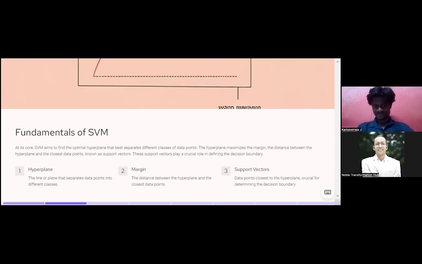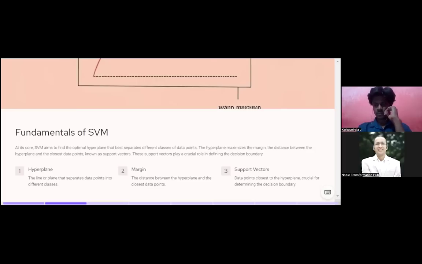So what is a hyperplane? A line or a plane that separates data points into different classes. That is what I said earlier. There are different classes. It's not one linear thing, but it separates data points into different classes, and that is the main nature of SVM.